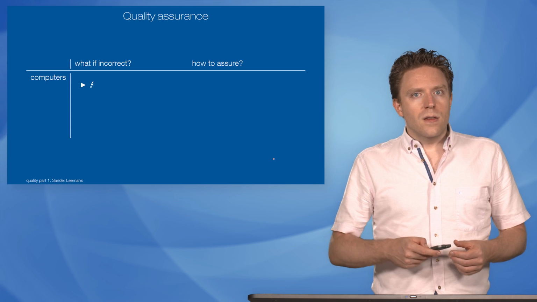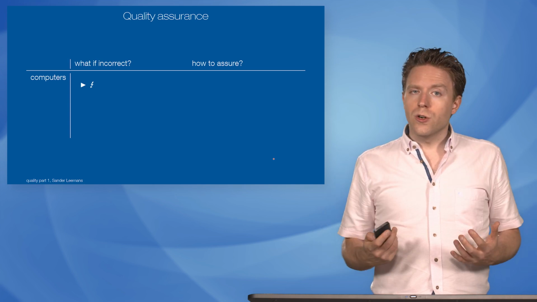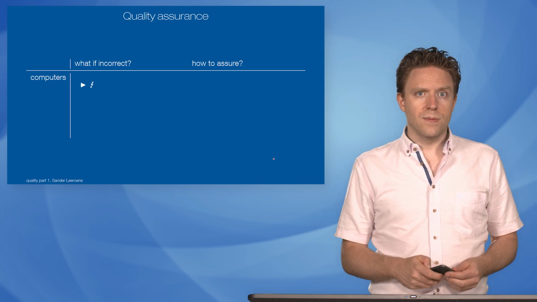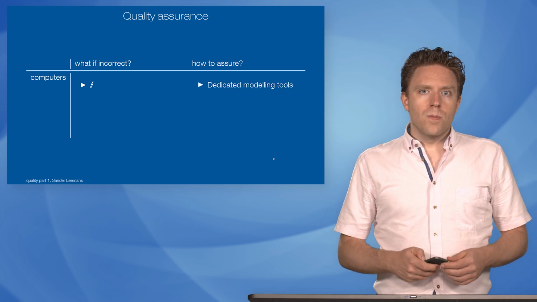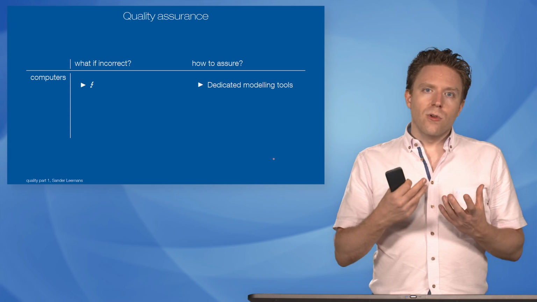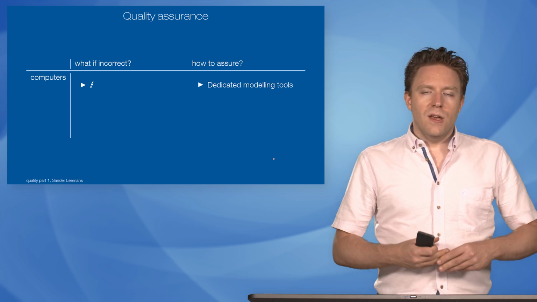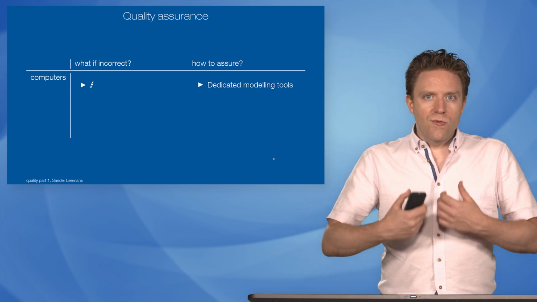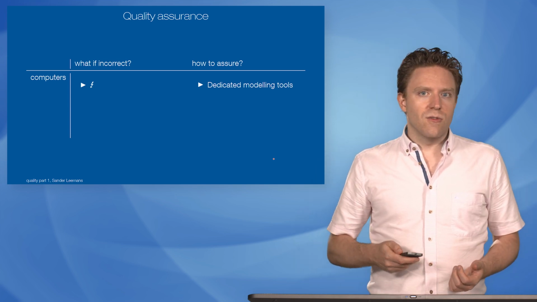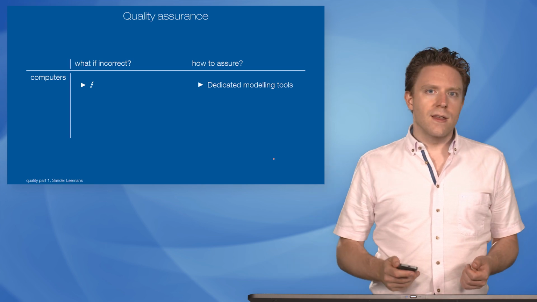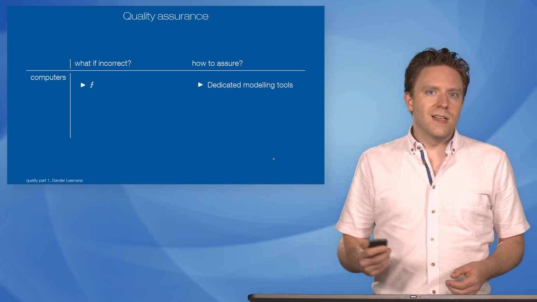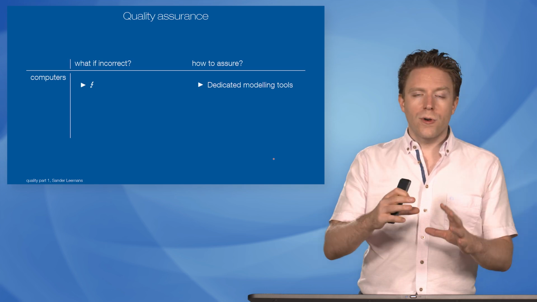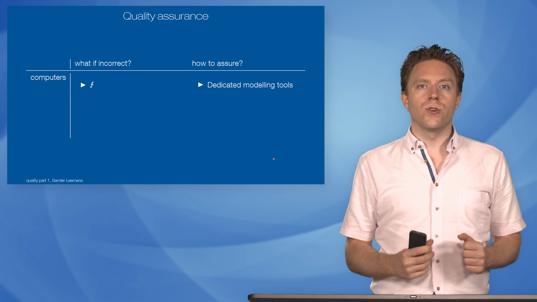So how can computers be used to assure the quality of a model for structural correctness? Well, dedicated modeling tools might help you. If you draw your BPMN model in Paint or Visio or in draw.io or in Apple Pages, then you're not getting much support, so the whole burden of syntax checking is on your own shoulders.